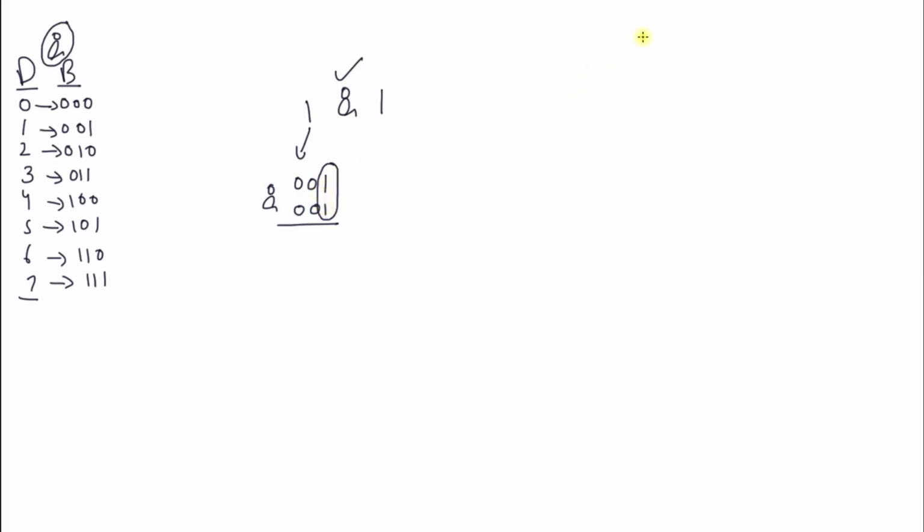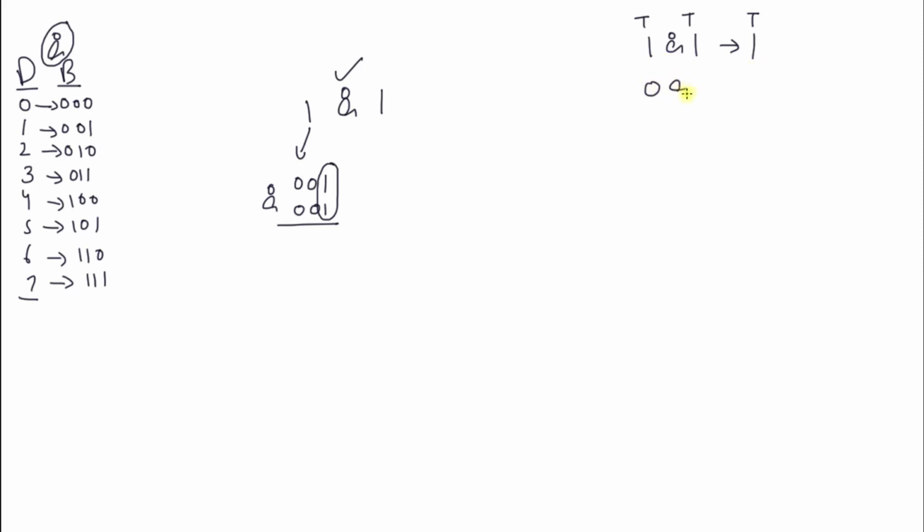So the rules for the AND operation are: 1 with 1 is 1. So true with true is true. This is binary, okay, not decimal. This one is 1 bit and another one is 1 bit, so 1 bit AND with 1 bit produces 1.